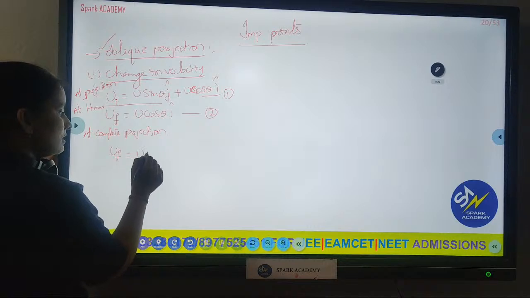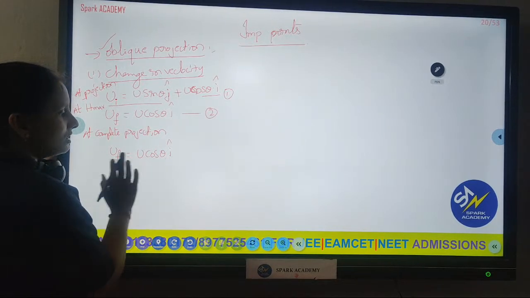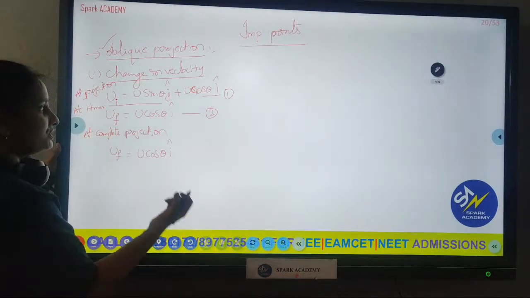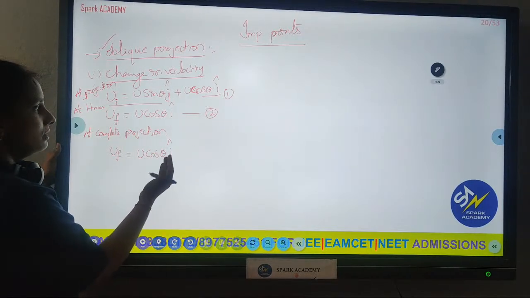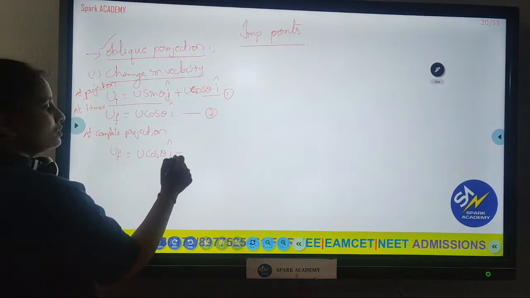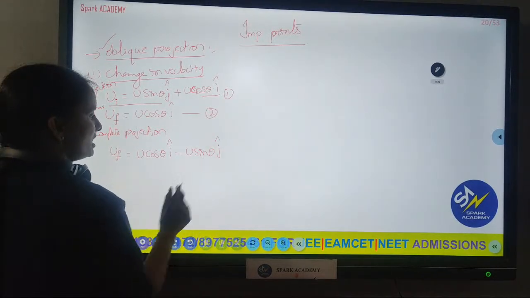It is u cos theta into i. Horizontal component direction will not change. While after reaching the maximum height, to reach the ground, vertical component velocity is downward. So minus u sin theta into j cap.